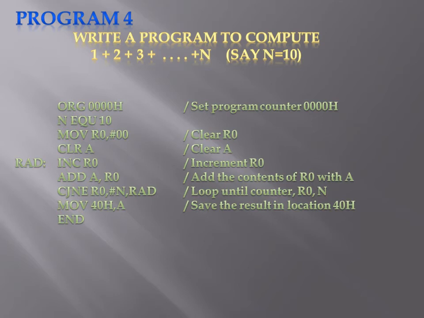At that time the comparison will be equal, so the loop will end and the control will come to MOV 40H, A. The accumulator contents will be moved to memory location 40H, where we have the sum of the natural numbers from 1 to 10. At that place we can put END and see that our program is over.